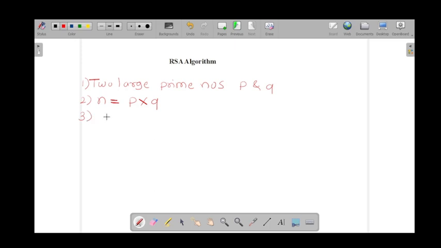In the third step, we identify the value of phi of n, which is equal to (P minus 1) into (Q minus 1).